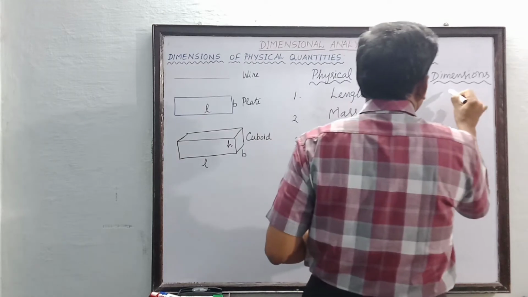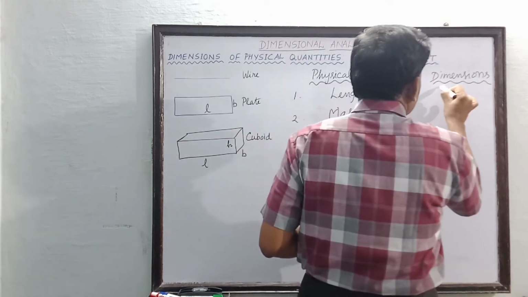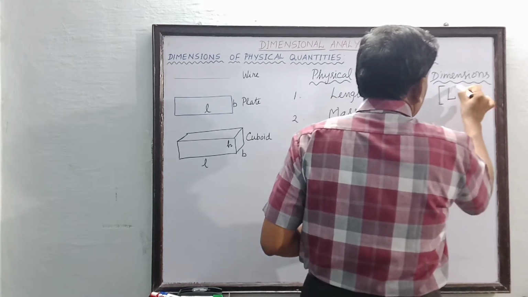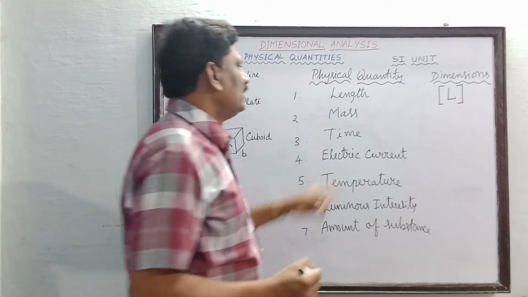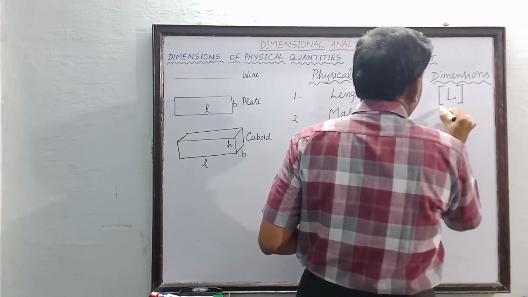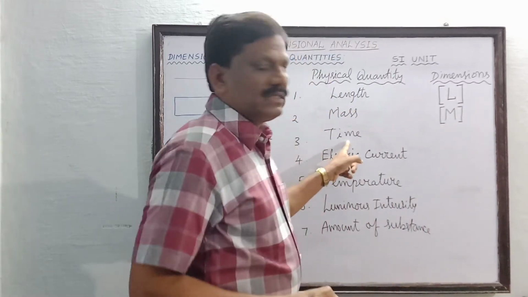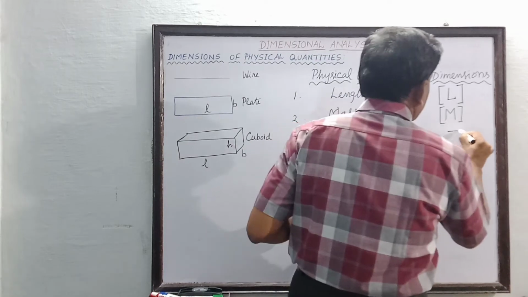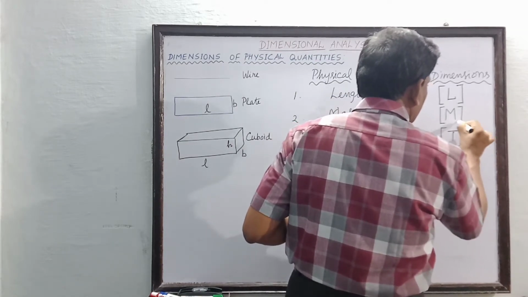Length has a dimension denoted by capital L, and this must be written in the square bracket. Mass has a dimension capital M within the square bracket. The dimension of time is capital T, also written in the square bracket.